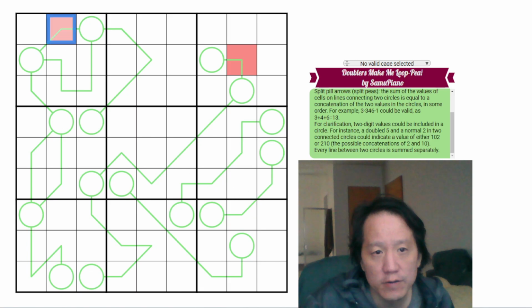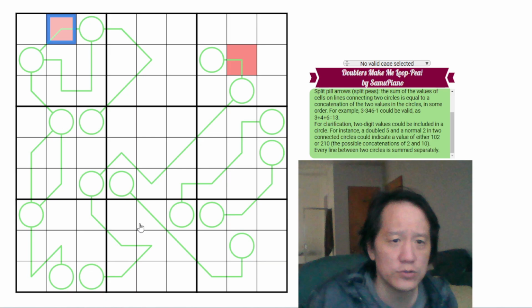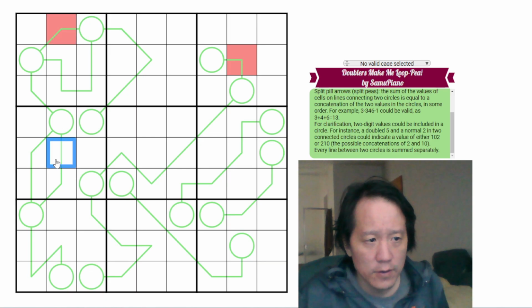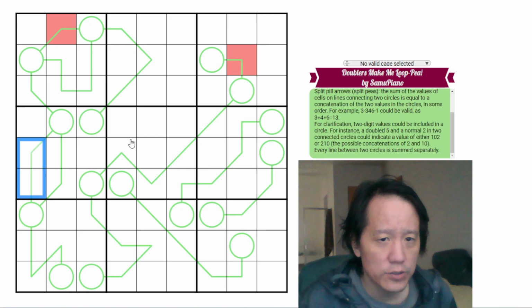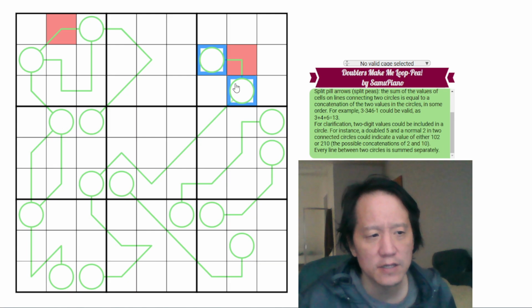So that's the case there. I think those are the only two that we have. You have two here, you have two here. Okay, so then one of these must be doubled. Actually, no, that's not the case.